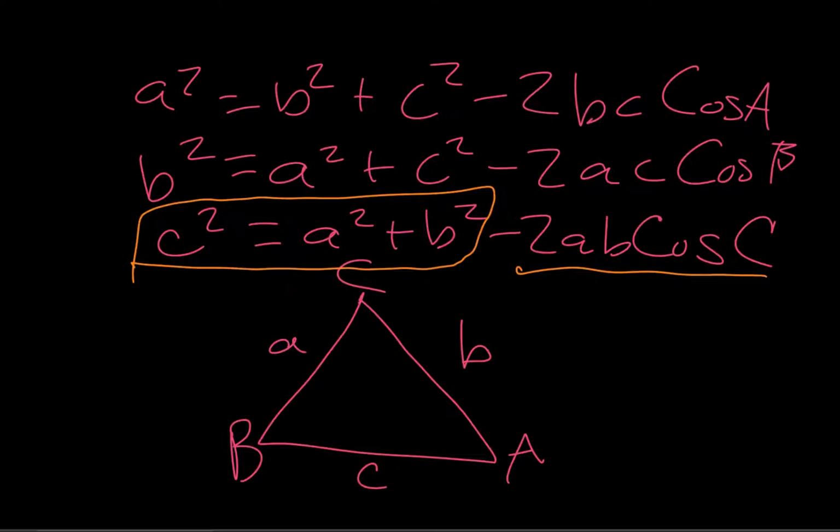So the important thing to note, don't get so focused on which letters or where. The way that I think about it, we need to make sure that the angle that we care about, maybe we're solving for an angle or maybe we know an angle and we're using it with this formula, is opposite the side that we put by itself on the outside.